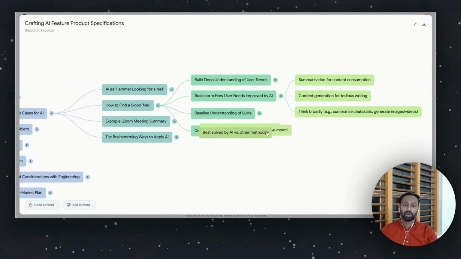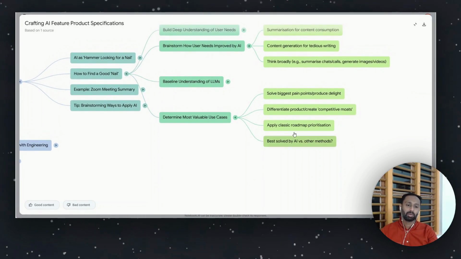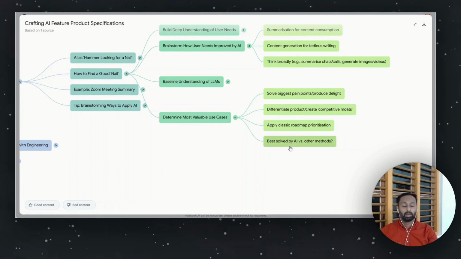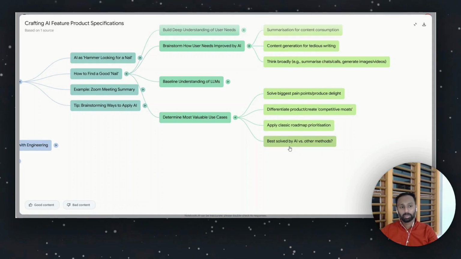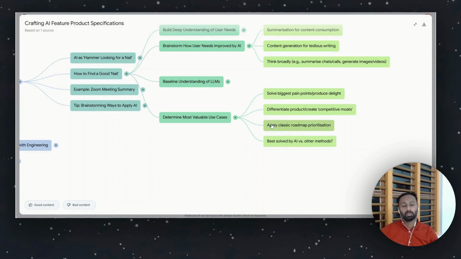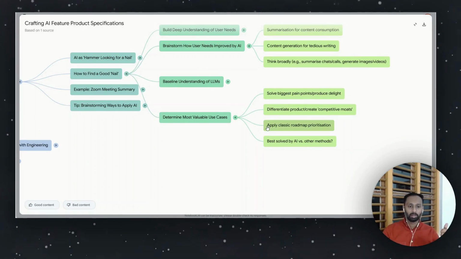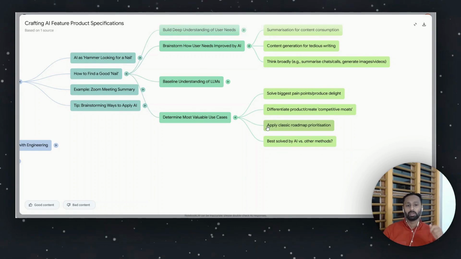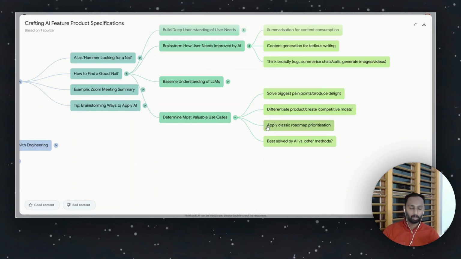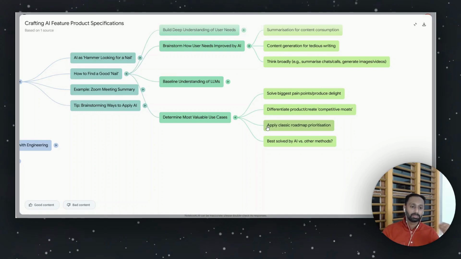And then obviously, determine the most valuable use cases, right? Always have a good idea about what are the problems that would make a differentiation. Solve the biggest pain points, product delight. So, will solving this use case with AI bring delight to the user? Does it solve the biggest pain points? Have an idea about it. Whether it would create a competitive moat, that's also something you should be aware of.